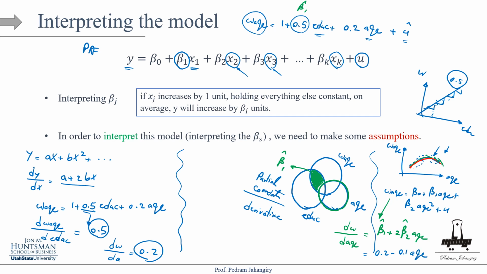Now, if age is equal to 0, the effect is 0.2. Let's say we are here. The slope is 0.2. If age is 10, the slope is what? 0.2 minus 0.1 is 0.1. If age is 20, 0.2 minus 0.2, we get a slope equal to 0. And if age is greater than 20, the impact of your age on wage is going to decrease, right?